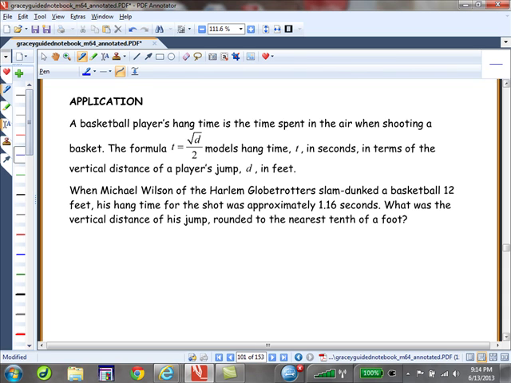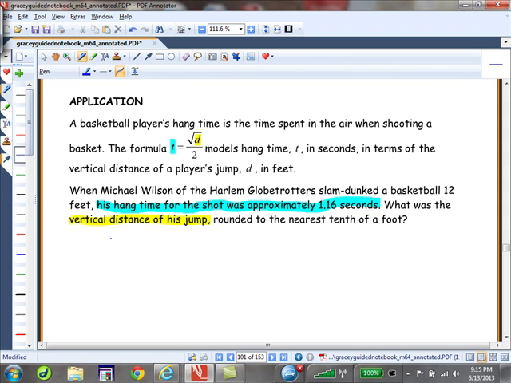When Michael Wilson of the Harlem Globetrotters slam dunked a basketball, his hang time for the shot was approximately 1.16 seconds. What was the vertical distance of his jump? So his hang time is t, right? What was the vertical distance of his jump? All right, that's going to be d.